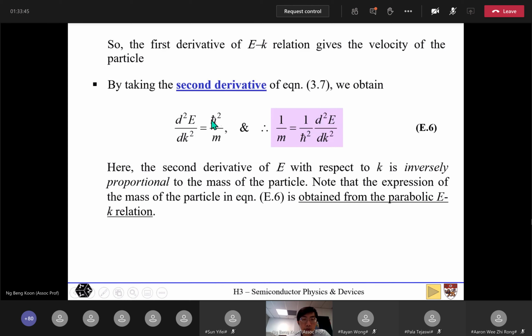The second derivative of the E-k diagram gives just h bar squared over m. So we rearrange this and write m in terms of the other quantities, and we get a mass derived from the second derivative of the E-k diagram. So the mass behavior can be derived from the E-k diagram. If you have the E-k diagram, you take the second derivative, take the reciprocal, and multiply by h bar squared, you get the mass quantity of the electron in a crystal.